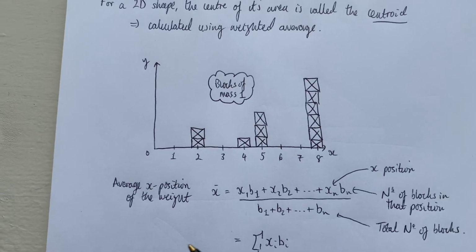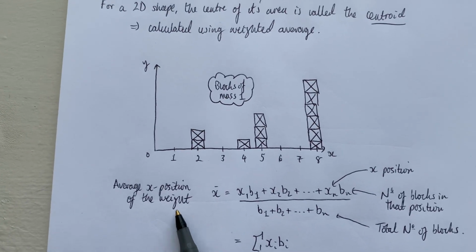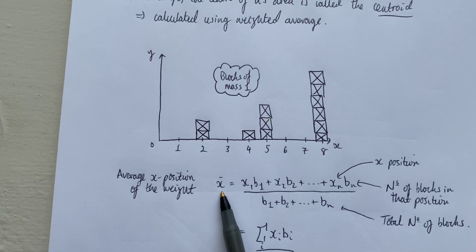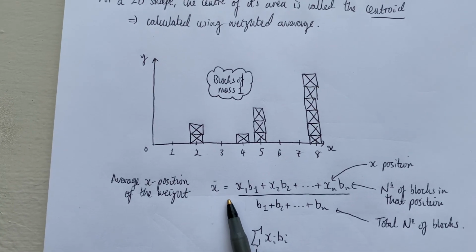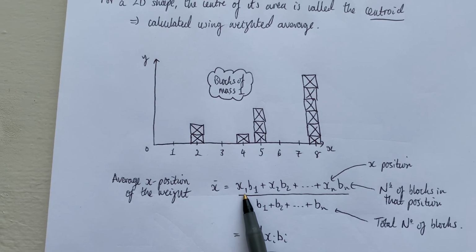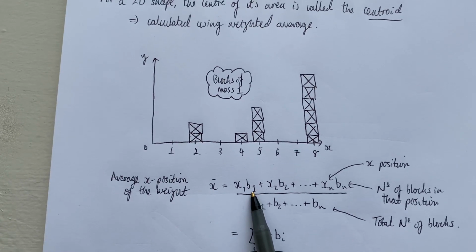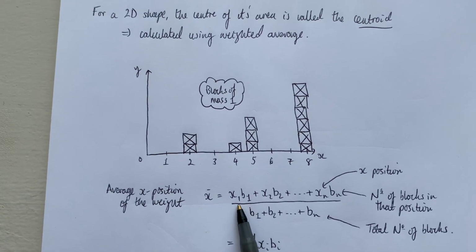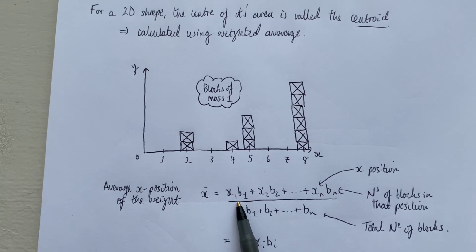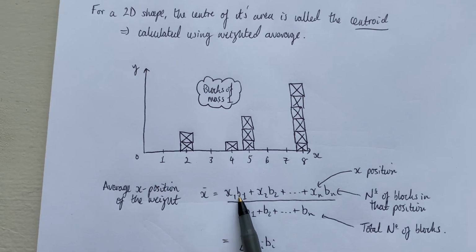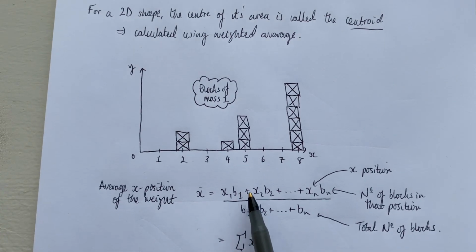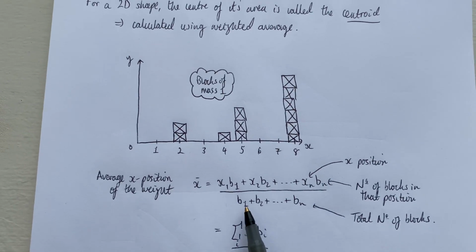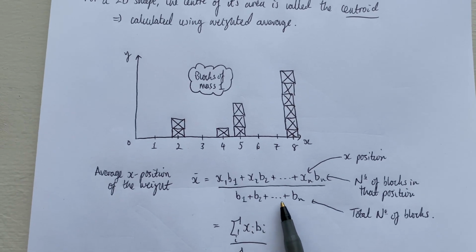So the average x position of the weight, which is what we're going to try and find, we denote as x bar, is equal to the x position multiplied by the number of blocks in that position, right? So we take x1 multiplied by b1, add that to x2 multiplied by b2, and so on and so forth. And then we divide that through by the total number of blocks.